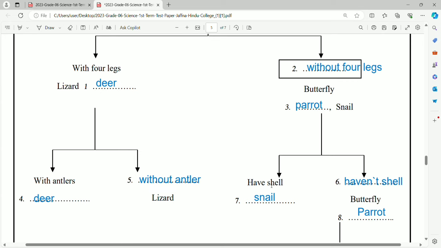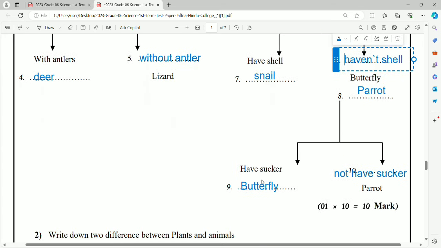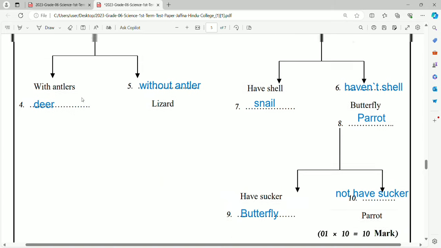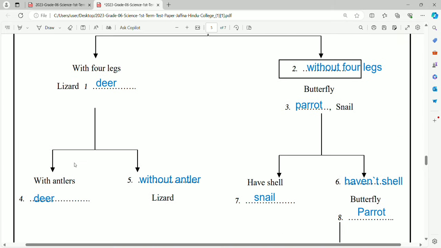Here, have shells and haven't shells. Here, have suckers and do not have suckers, or have beak. Deer has antlers. Without antlers, lizard.